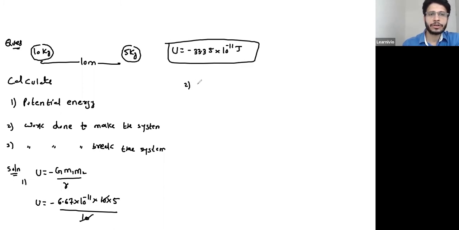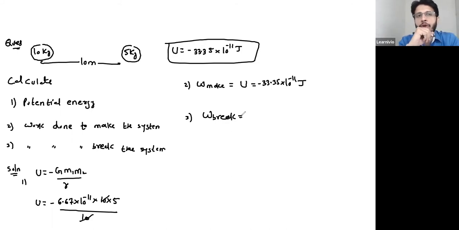The second part, work done to make the system. We did this in definition, that work done to make the system is equal to potential energy, which is minus of 33.35 into 10 raised to the power minus 11. Okay, now, what should be the work done to break the system? Can you guess how to calculate work done to break the system if work done to make the system is this, 33.35 into 10 raised to minus 11?